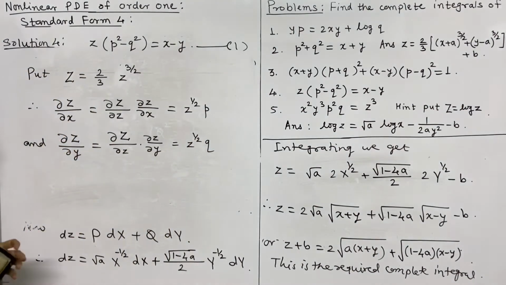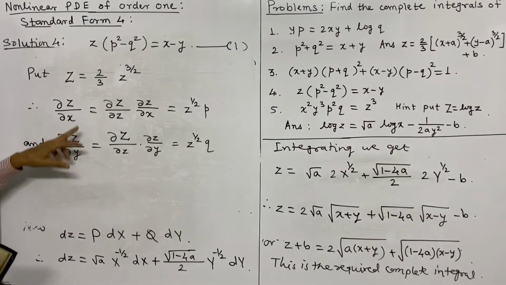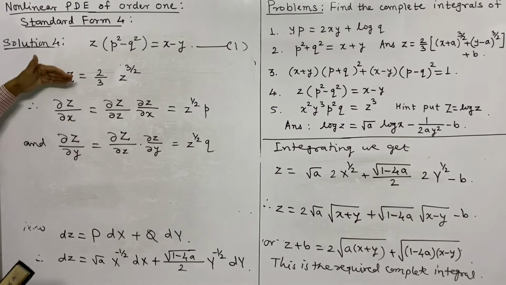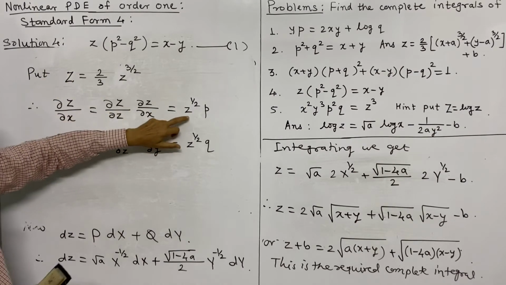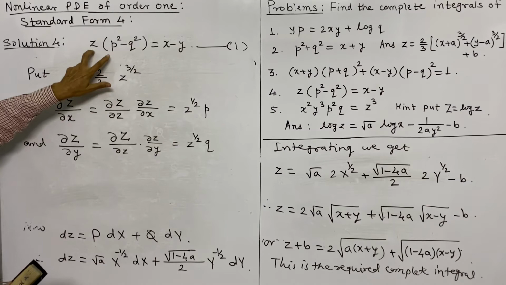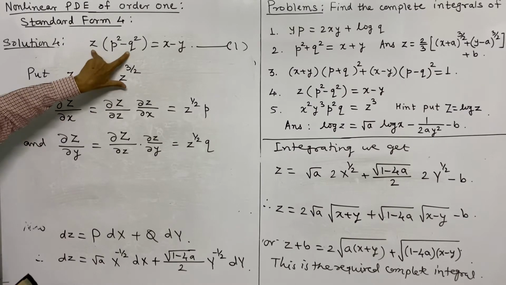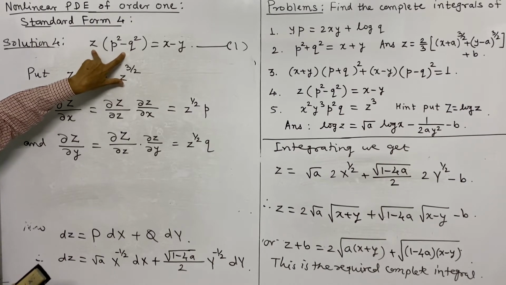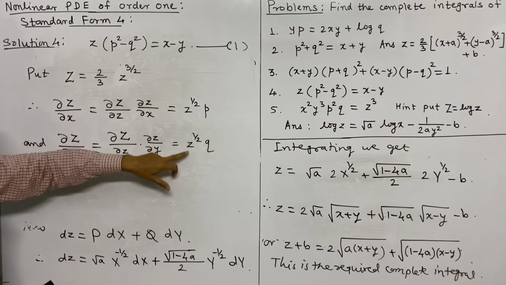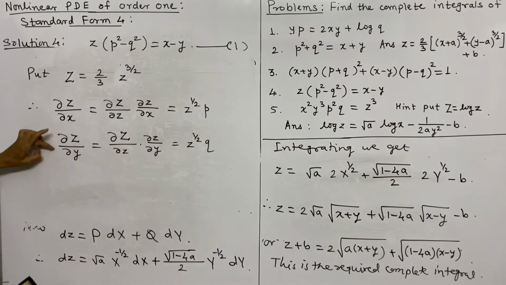Now see why we have done this substitution, because its derivative should result in root z. This will be root z into p whole square, and again this term can be considered as root z into q whole square, and then this will be converted into these two terms.